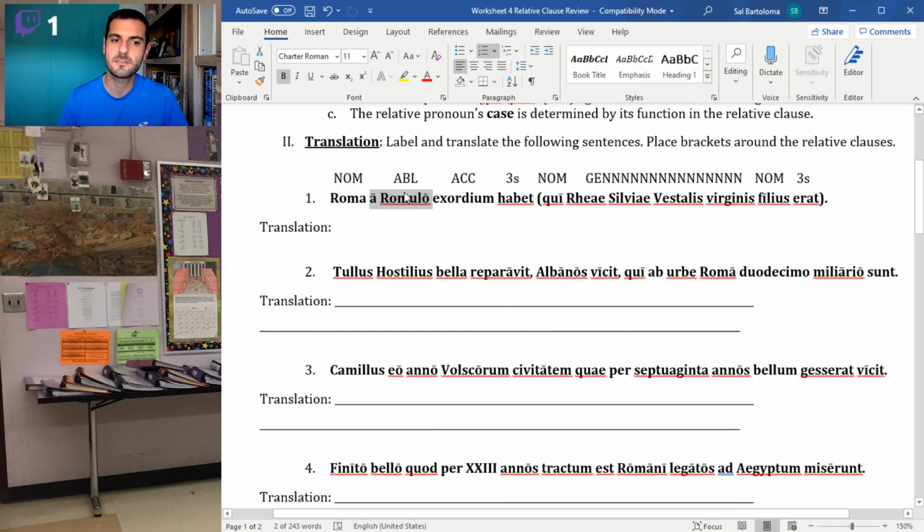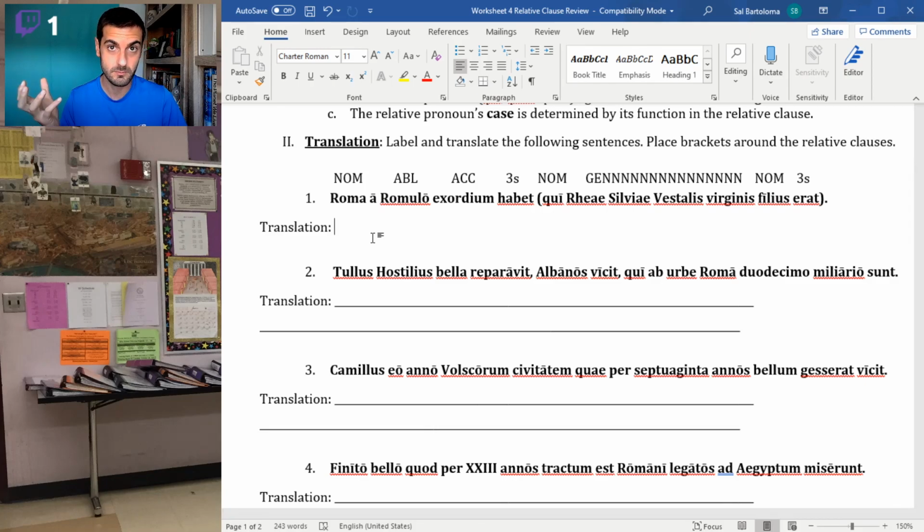What he's really trying to say is that Rome began essentially with Romulus, right? Romulus is where Rome started, okay? So when you're translating, you can do a more literal translation. You can say Rome has its beginnings from Romulus, or Rome began with Romulus. Either one is fine with me.